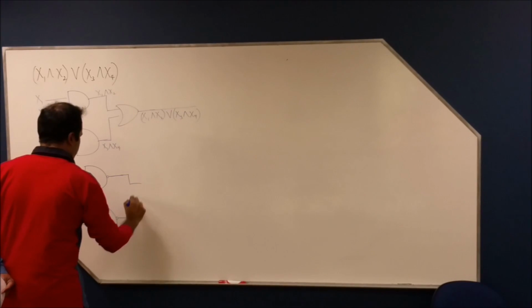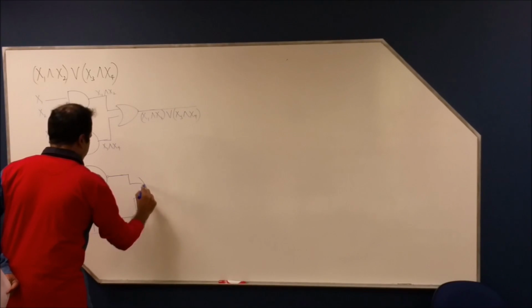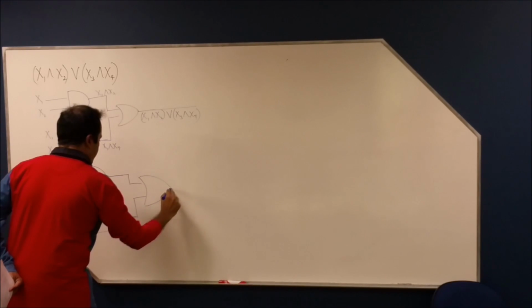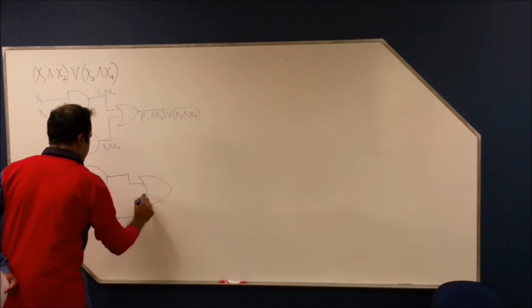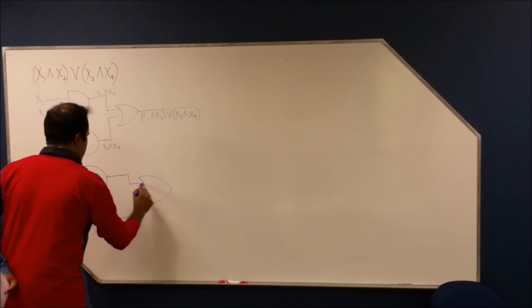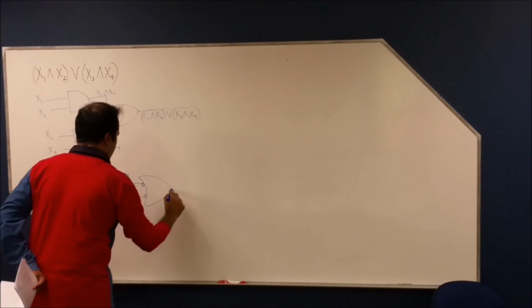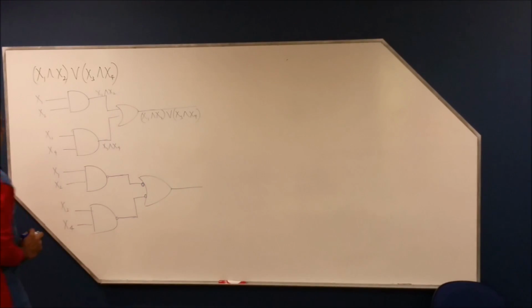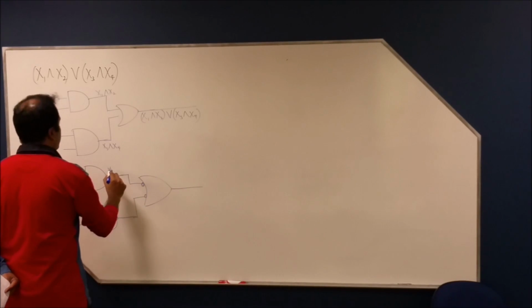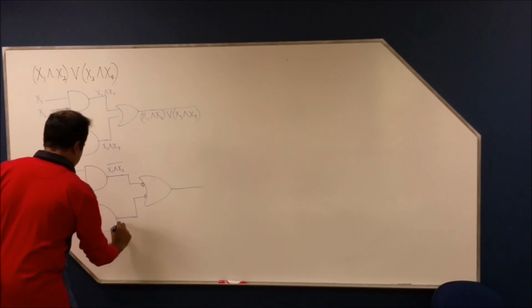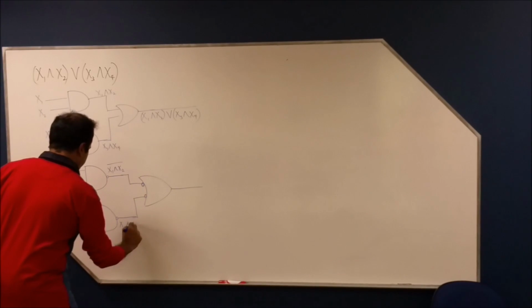Now, which gets into an OR gate, but with inverters at the inputs of the OR gate. Now we can clearly see what the various expressions should be.